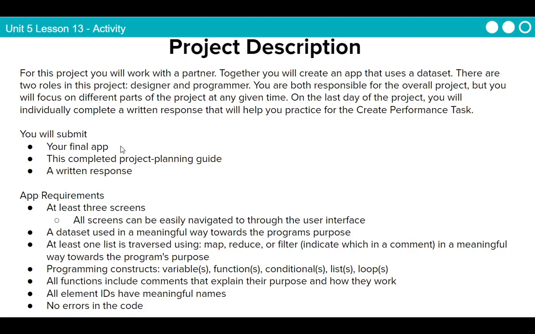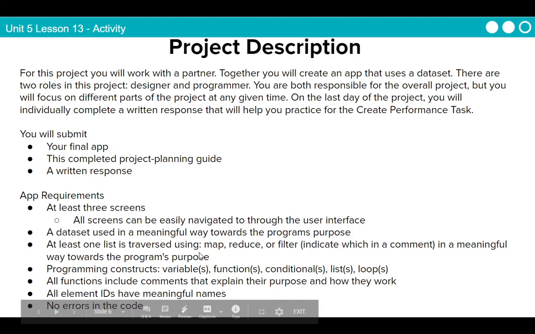But again, you're going to need to make sure you have the app, the completed project planning guide, which we're going to go over a good chunk of today, and then the written response, which is going to be mostly for next week. All right, so it needs at least 3 screens that can be easily navigated between, a data set, and we'll show you what these data sets are, 1 traversal, whether you filter, map, whatever you might be using, and then of course your variables, your functions, your conditionals, your list, and your loops.